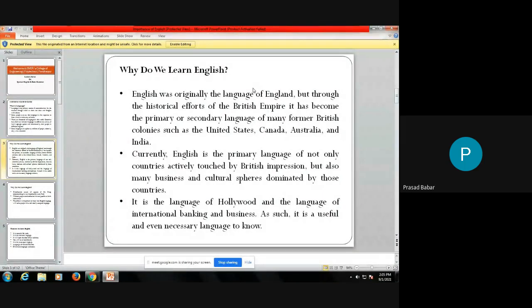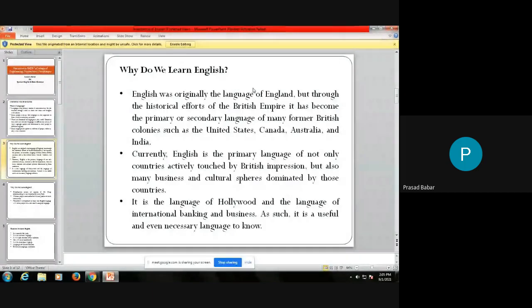So before the Britishers started their colonization, English was limited only to that island of Great Britain.